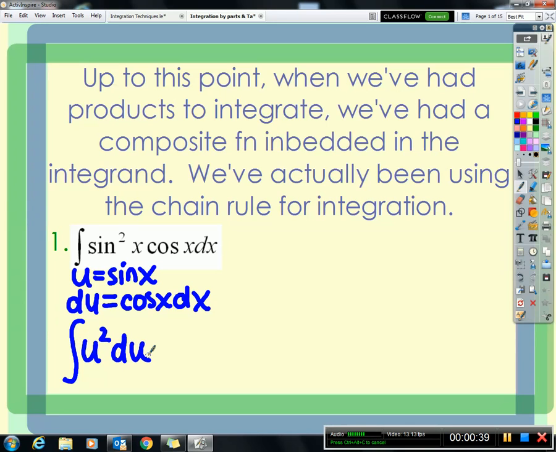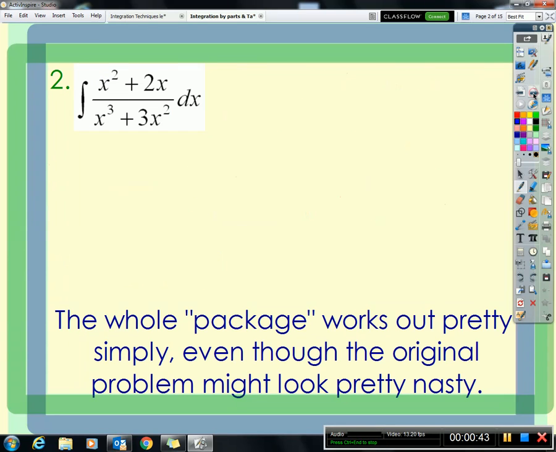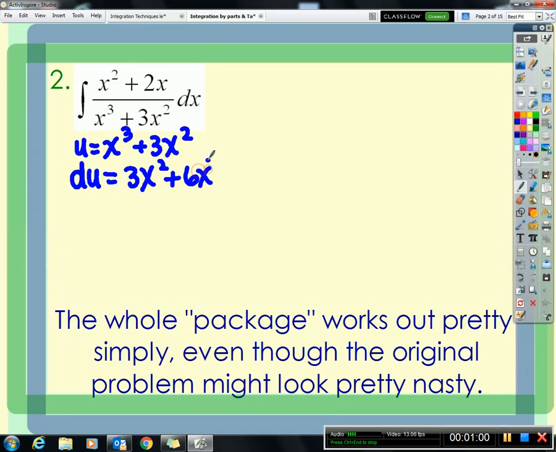And now you realize, okay, that one's pretty easy to integrate. Well, the same thing is true here. If I ask you to let u equal x cubed plus 3x squared, du becomes 3x squared plus 6x dx.